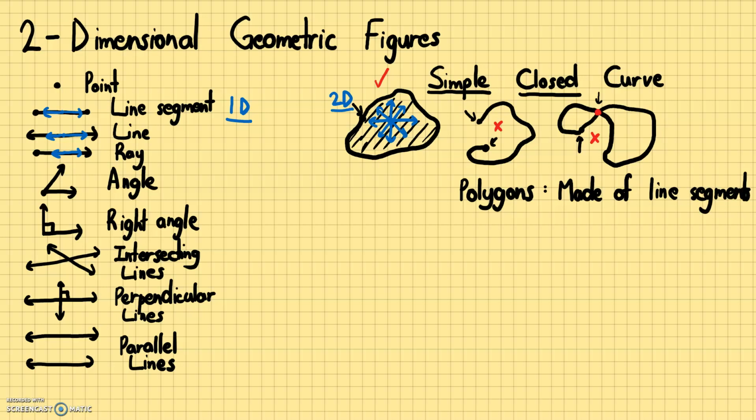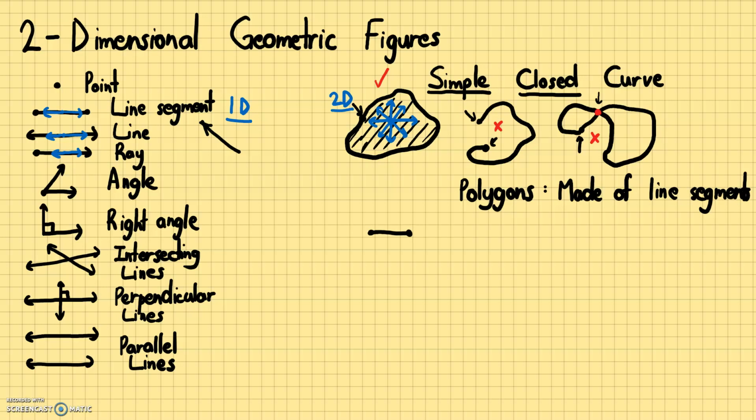So again, remember that by simple closed curve, I mean that we have to start and end at the same point, and it can't intersect itself. And it's made of line segments. Remember, this is our line segment right here. This is our line segment. And a line segment looks like this. So I have to make a simple closed curve out of line segments.